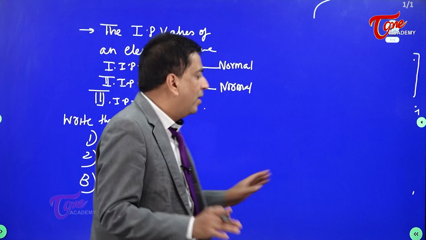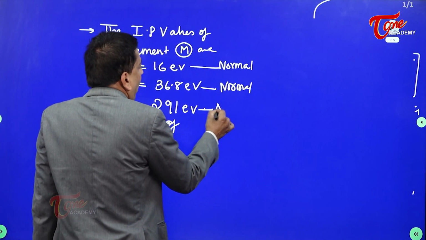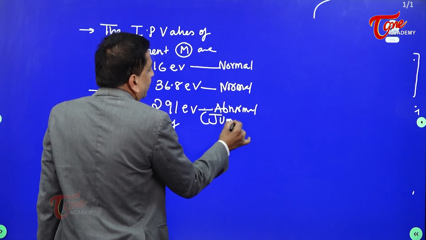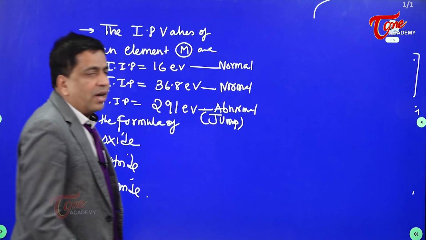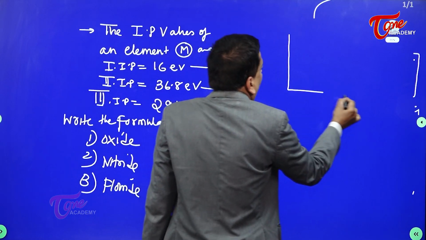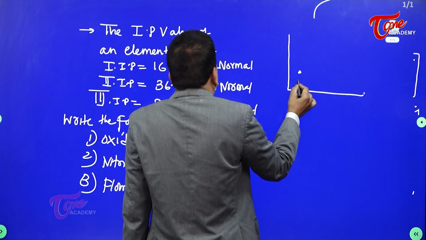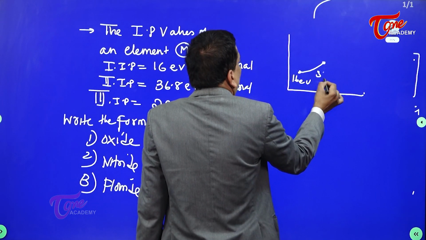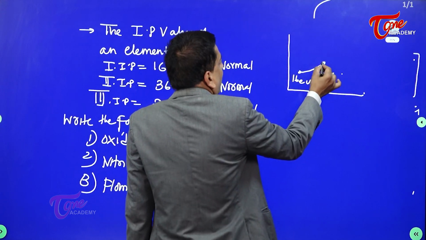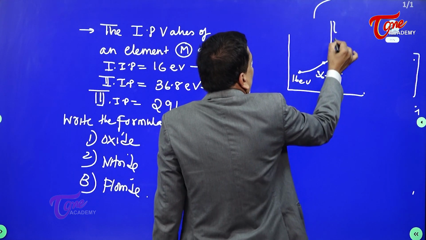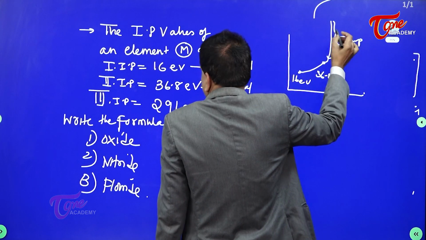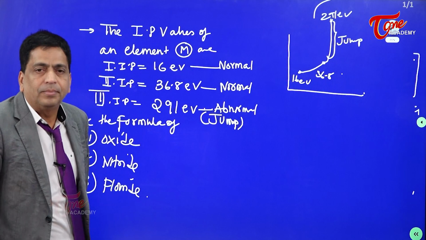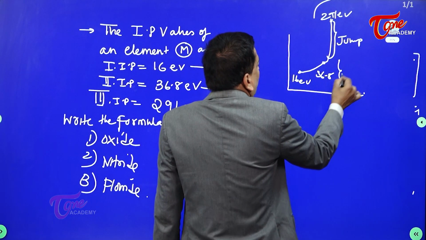But the third one seems abnormal, and I call this a jump. If you look at the graph of this element, the first is 16, then it increases to 36.8, and then suddenly there is a large increase to 291 electron volts. That's a jump. So these two I consider normal.